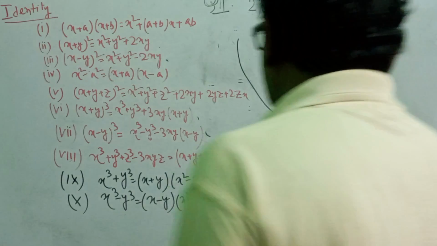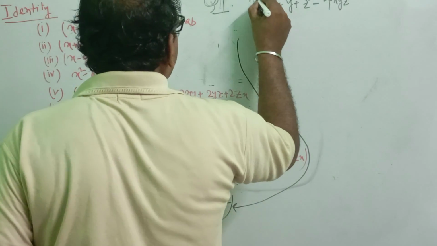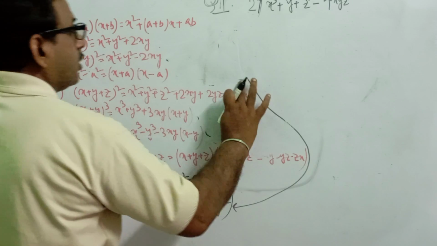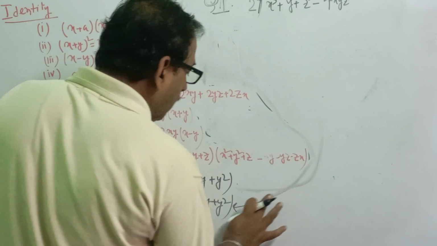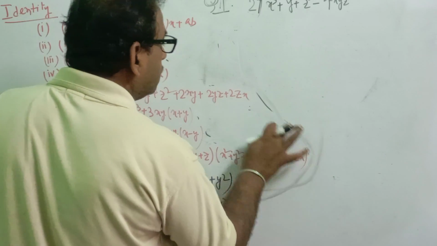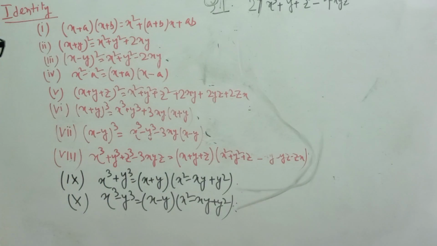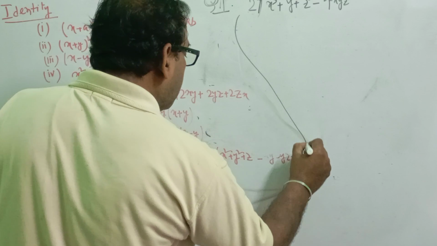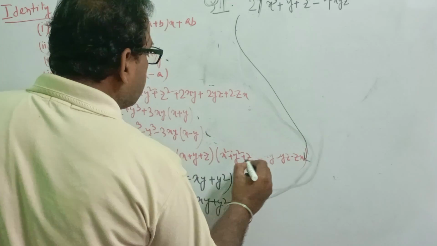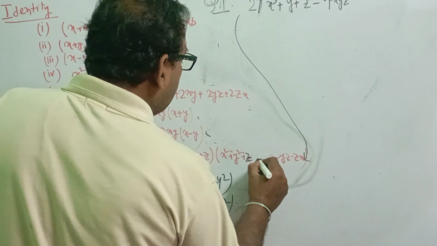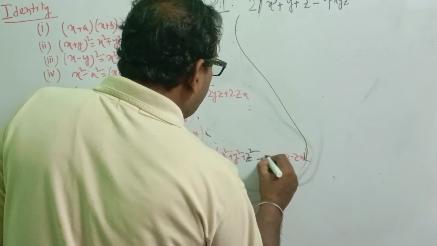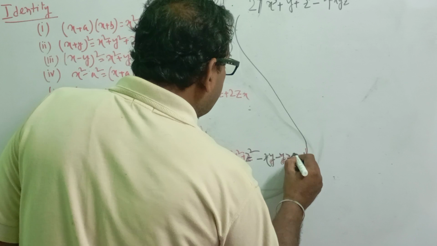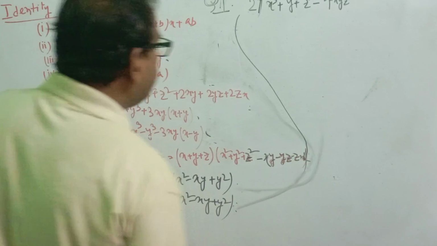Now there are 3 cubes here. Look very carefully. Which identity are we using for the 3 cubes? This one: x plus y plus z into x square plus y square plus z square minus xy minus yz minus zx.